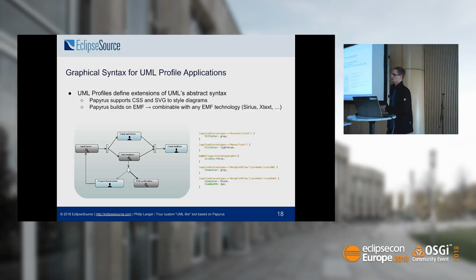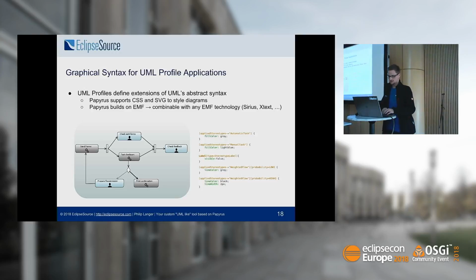And for this, Papyrus provides the capabilities of styling diagrams with CSS, very similar to what you would do with a web page. And that's actually super convenient because you can specify a selector part which defines which elements you would like to select, and then you apply styling rules to it so that these elements in the diagram would then be styled.